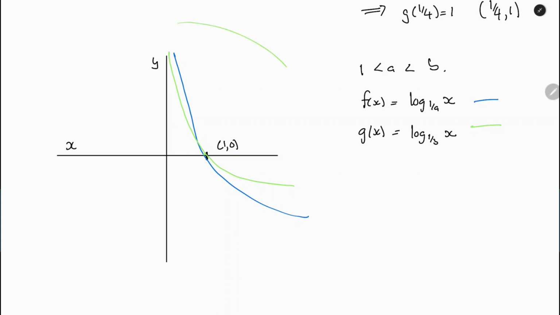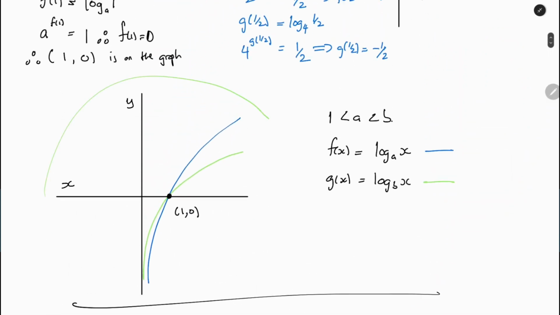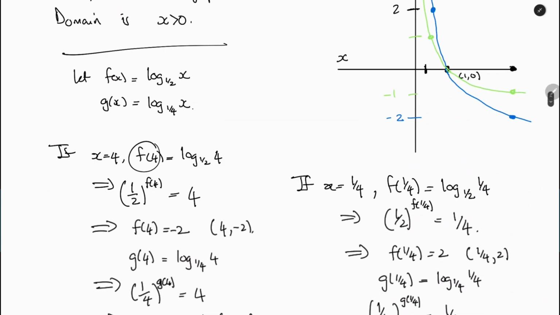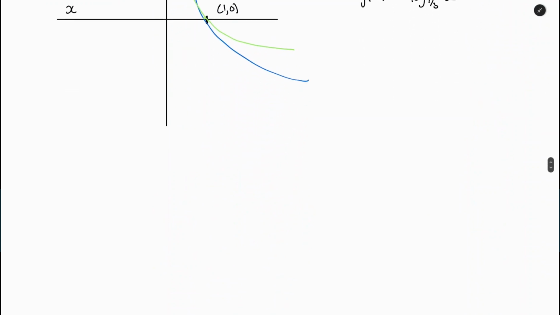You will see that this shape is very similar to this shape. So as it turns out, they're actually reflections about the x-axis. So I'm going to do one more set of axes here, just to show you. So let's say we've got f of x.